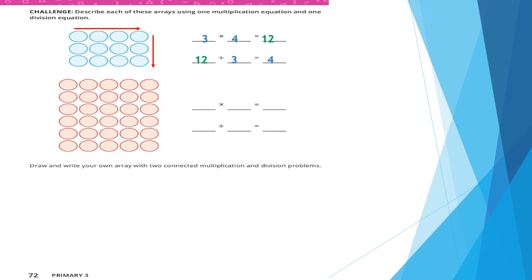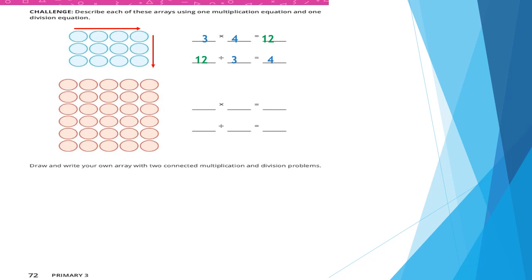We will multiply row by column, so it will be 3 times 4 or 4 times 3. And the division equation will be what? We will write the greatest number first, which is 12. So 12 divided by 3 equals 4. Or you can write 12 divided by 4 equals 3. They are the same.